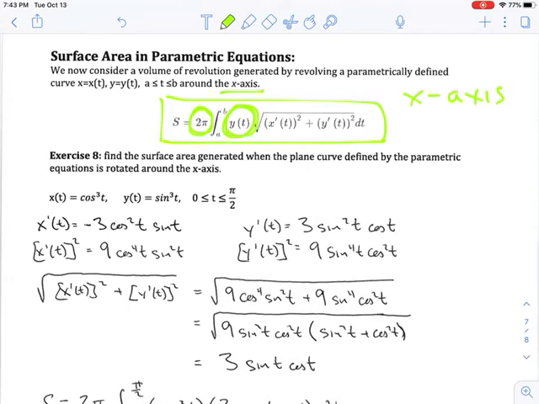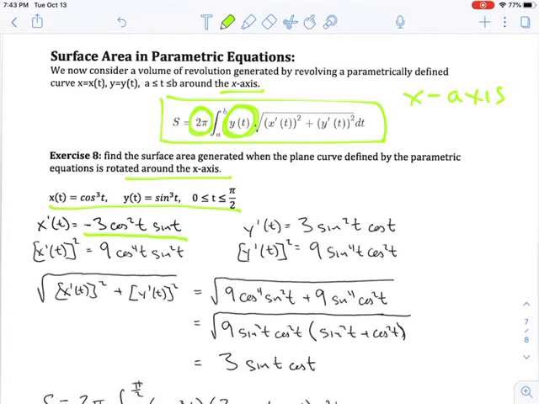So we want to find the surface area generated when the plane curve defined by the parametric equations is rotated about the x-axis. And here are our parametric curves and our interval. So x prime of t is negative 3 cosine squared t sine of t. That's basically a chain rule.